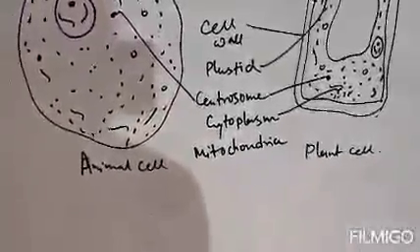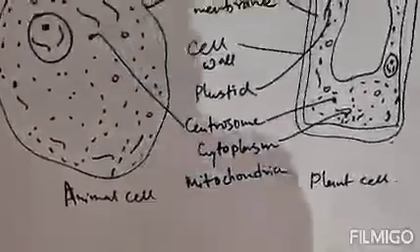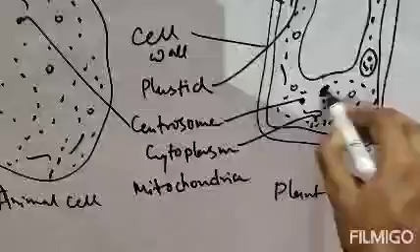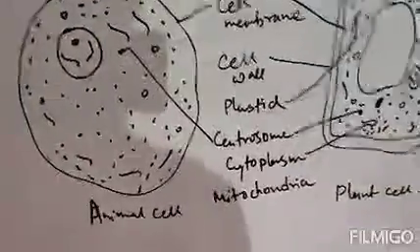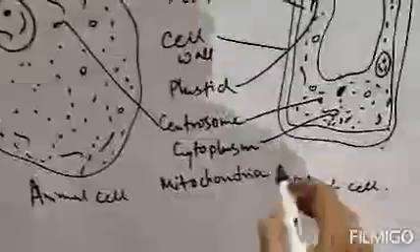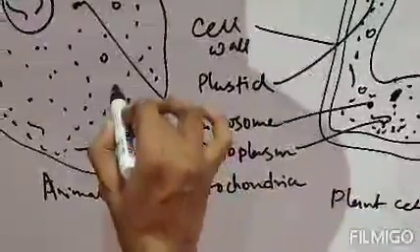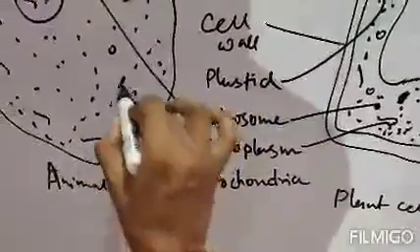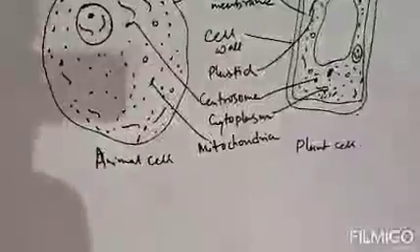Next, mitochondria. What is mitochondria? Mitochondria is actually this part in your plant cell, and in the animal cell, this will be the mitochondria.